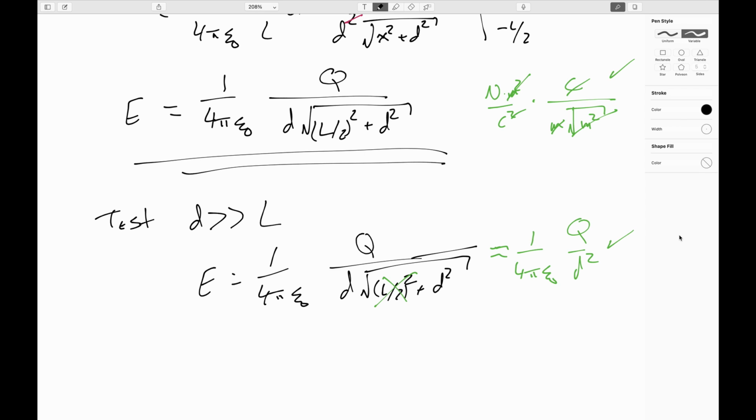Now, another fun thing that we can do is we can think about the other case, which is, what if we are really close to the charge? So in that case, it's just like, say, if you stand up against a wall.